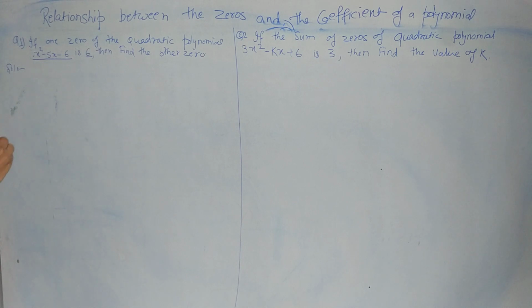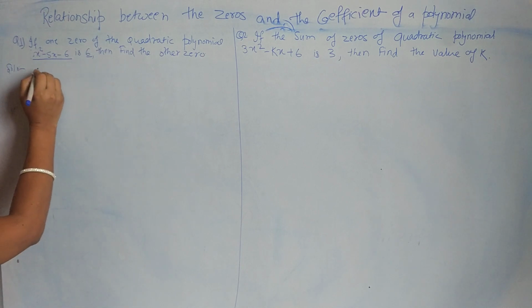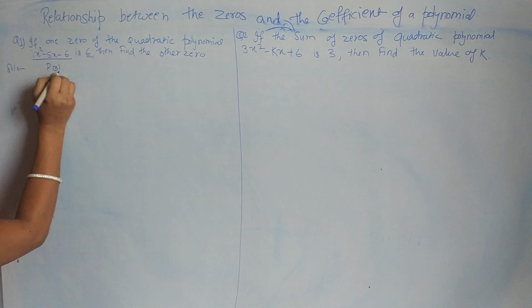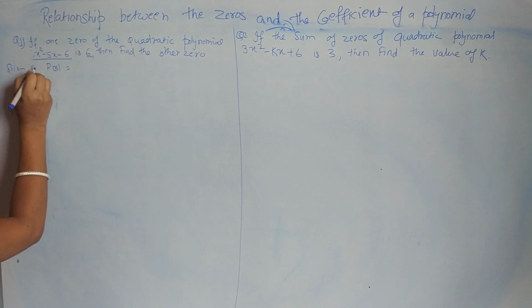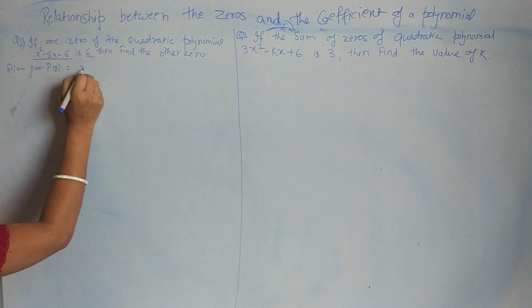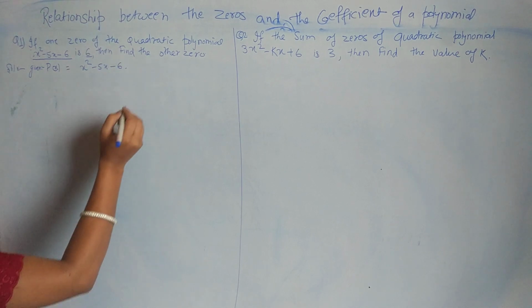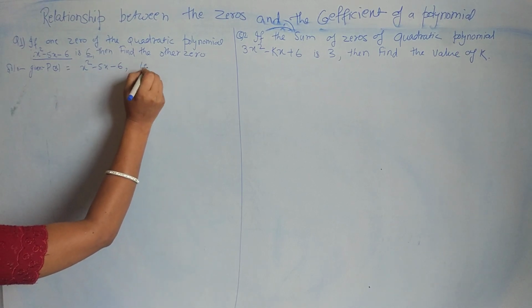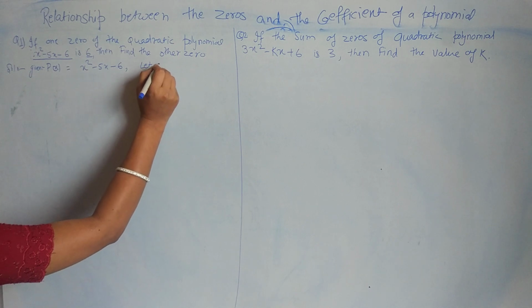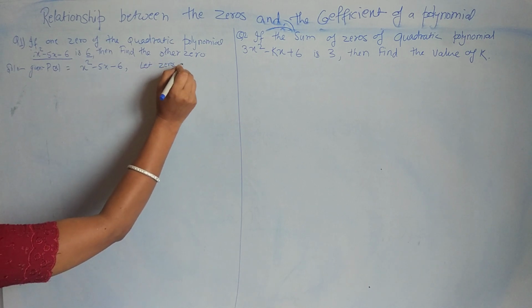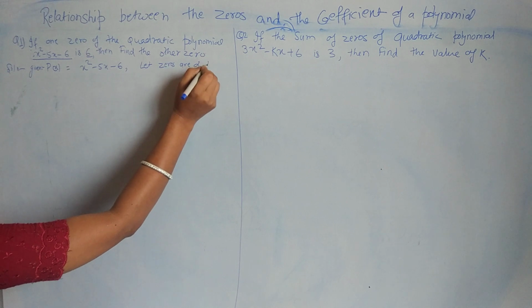What is given? We have p(x) equal to x square minus 5x minus 6. Let the roots or zeros be alpha, beta.